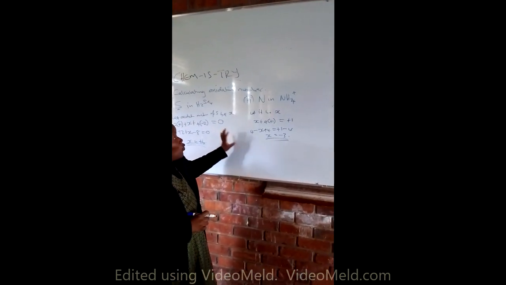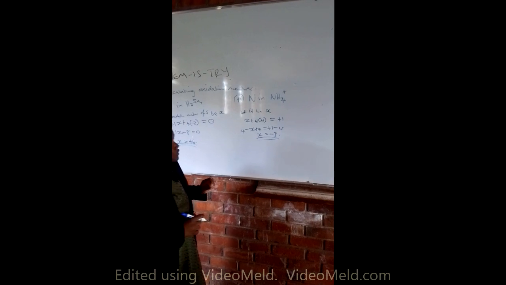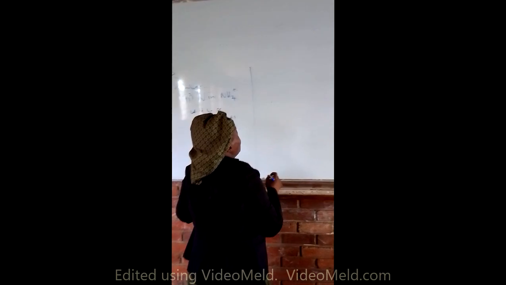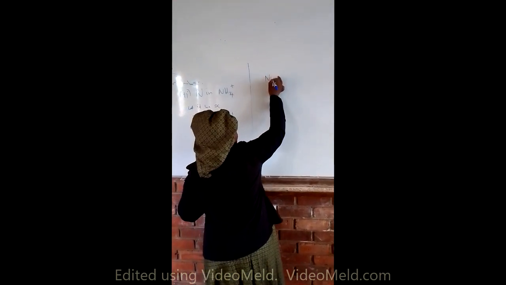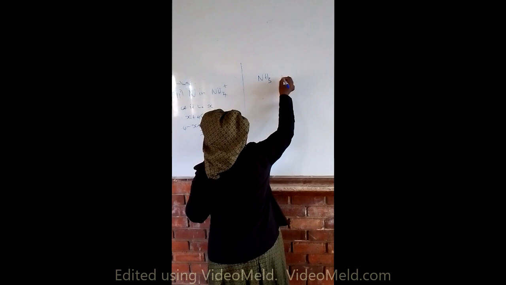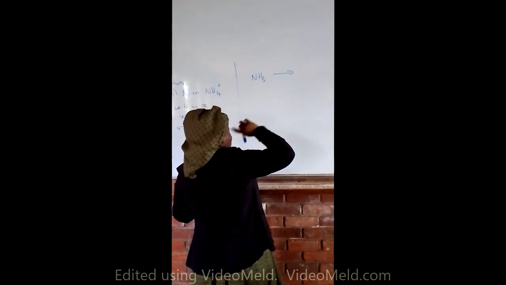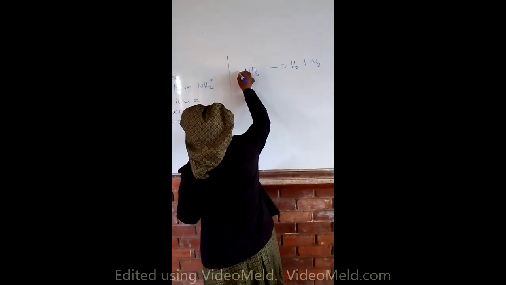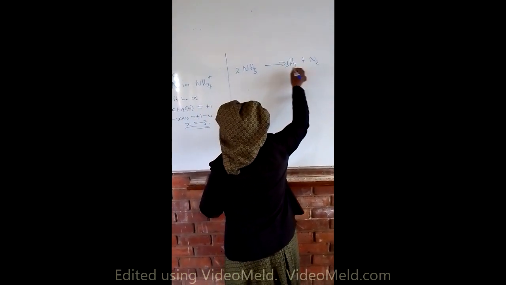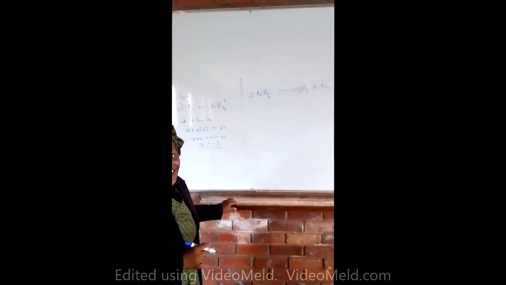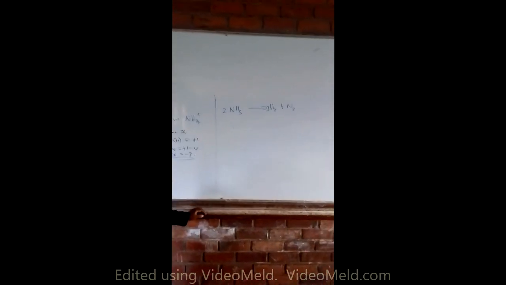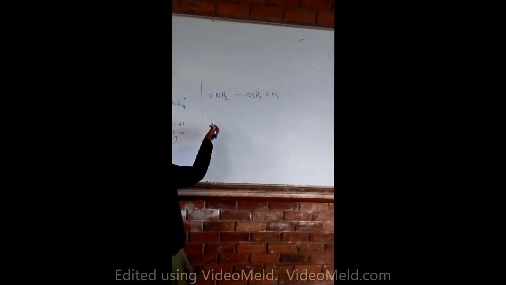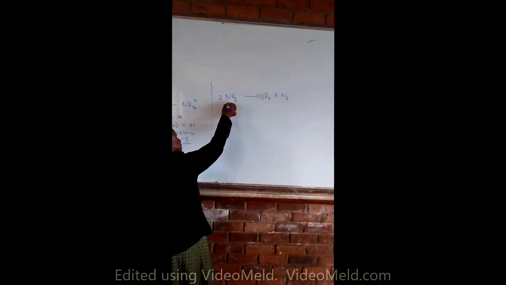So let's now look at a redox reaction so that at the end we'll be able to say who is oxidized and who is reduced. This is a decomposition reaction. But let's see if there is any redox in it. What is the oxidation state of nitrogen in the ammonia?